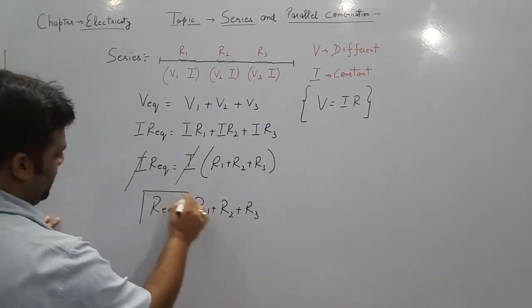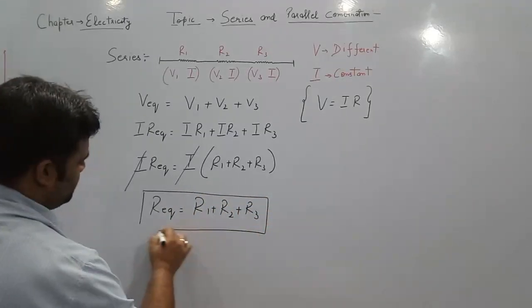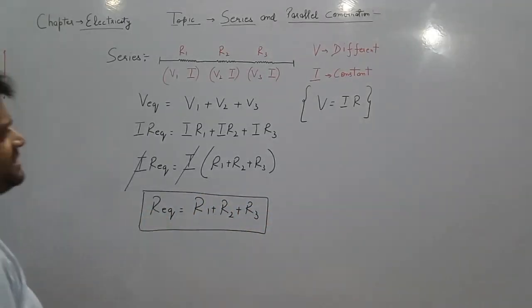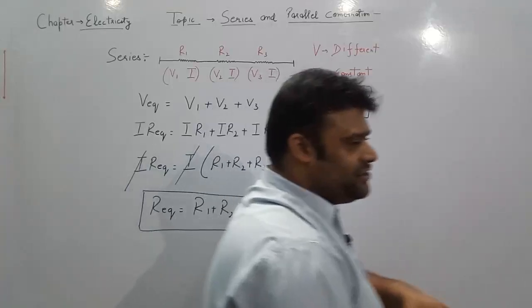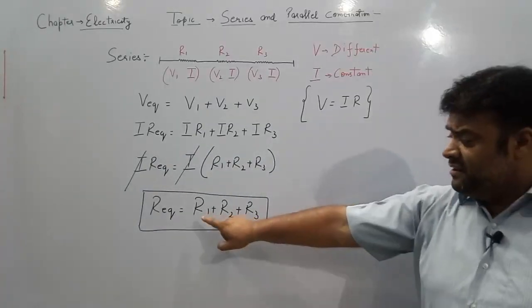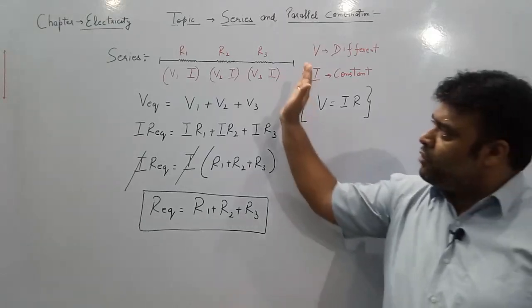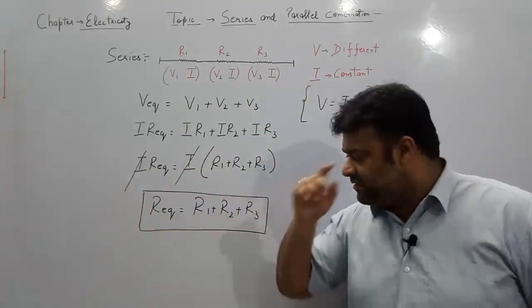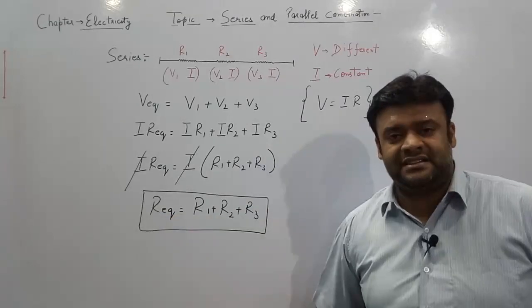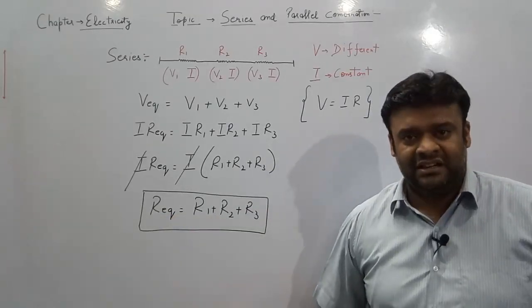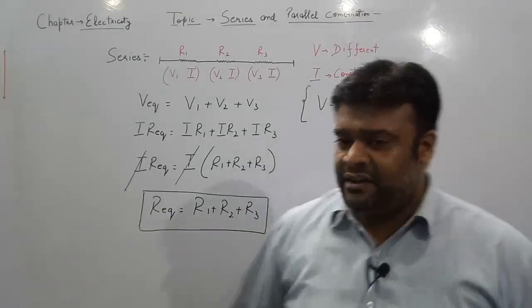That is, if we have to find equivalent resistance or total resistance in series combination, then we add all the resistances, or the sum of all the resistances will give the equivalent resistance in series combination. We'll take an example for it.